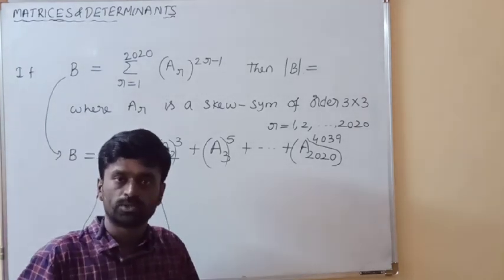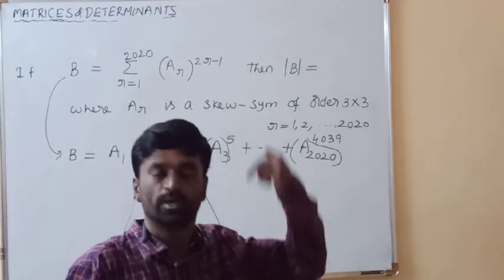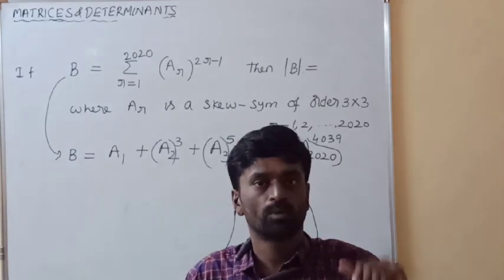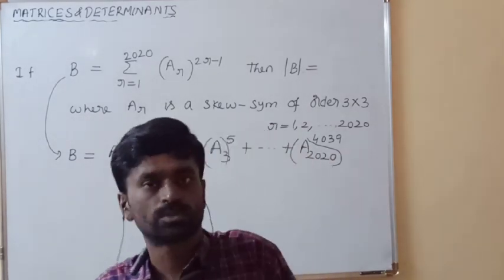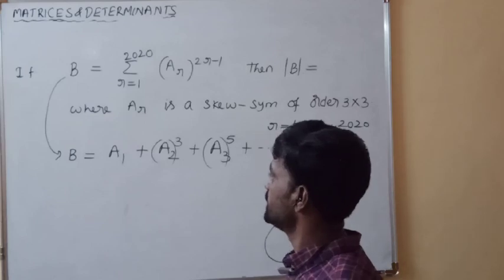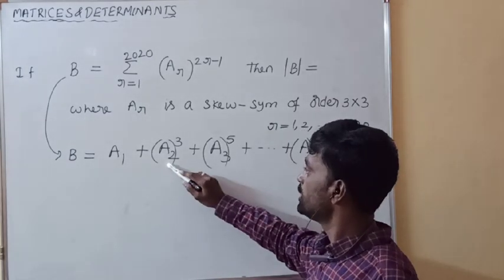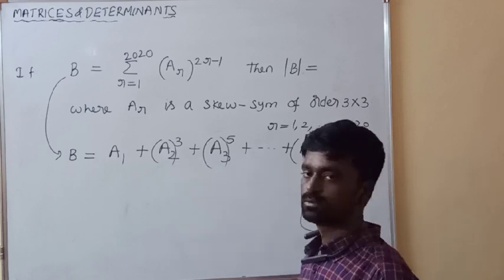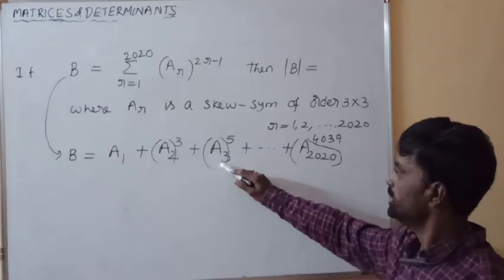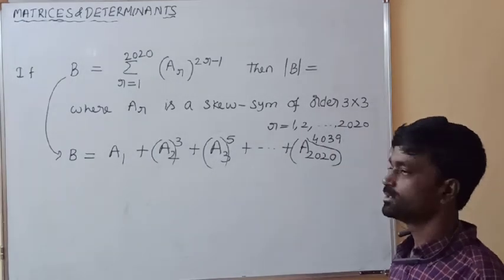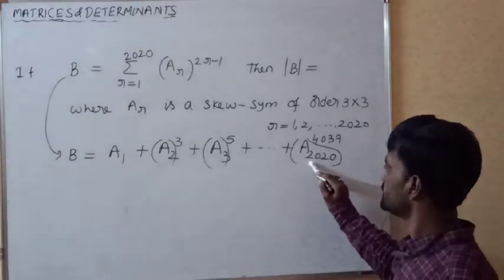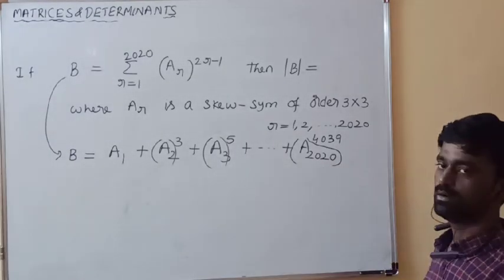So just now we discussed: if A is a skew symmetric matrix, any odd power of A is also skew symmetric. As A1 is skew symmetric, it is basically skew symmetric. As A2 is skew symmetric, A2 cube is also skew symmetric. As A3 is skew symmetric, A3 power 5 is also skew symmetric. That means this is also skew symmetric because the power is what? Odd.